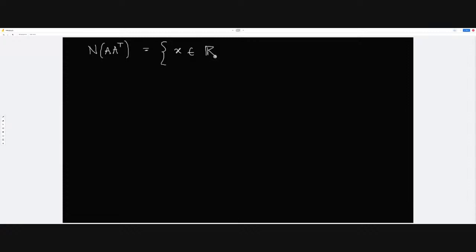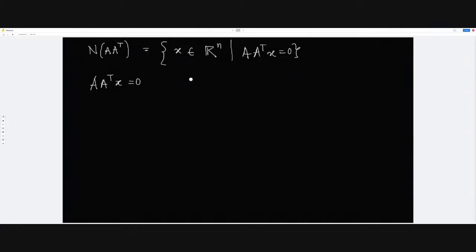So this is what I'm taking as the null space. Now, if I have A transpose of X is 0, from here, what do I have?